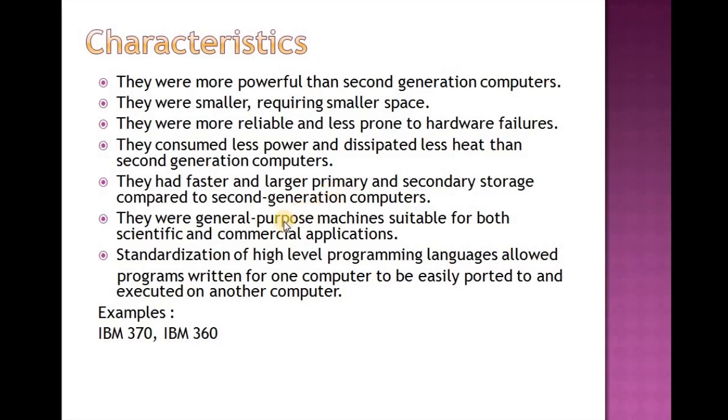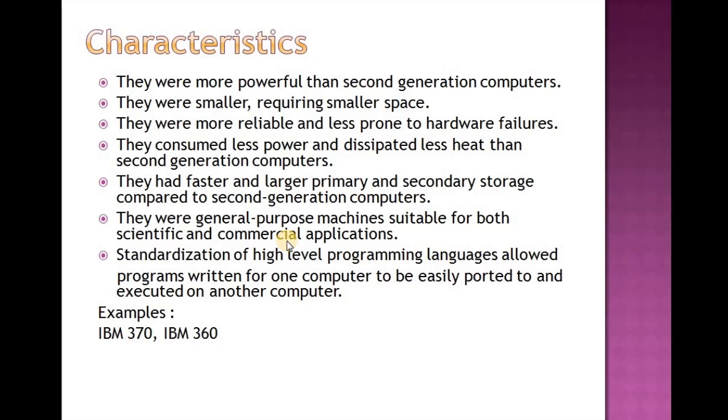Next, they were general purpose machines suitable for both scientific and commercial applications. If you compare the earlier generation computers, they were meant for only one particular task, and the objective of the earlier computers was just to use for basic arithmetical operations and just for scientific applications.